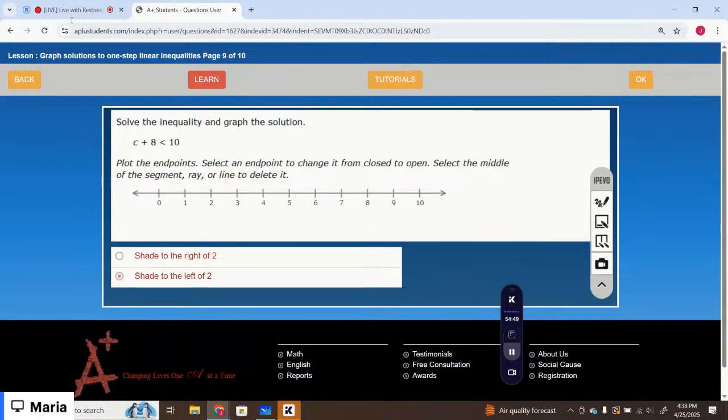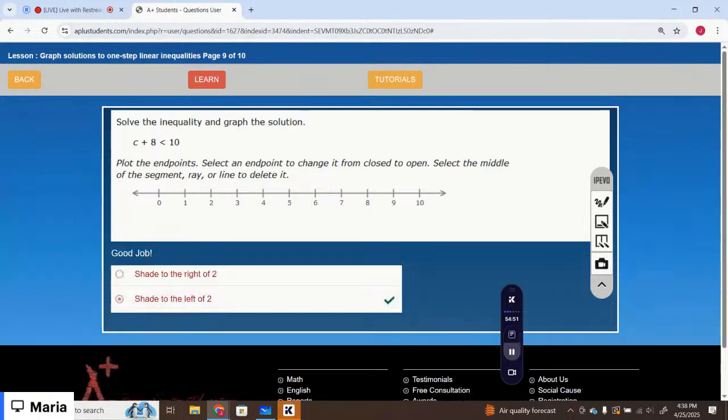That is shade to the left of, option number 2 is the correct option.